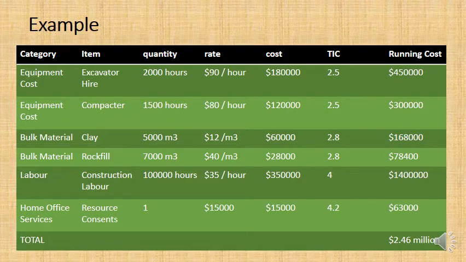And yeah, I will say that you do need to have some idea on the definition of scope. You do need to have some level of conceptual design completed, so that you know roughly the size of the project, the amount of clay you'll need, the amount of rock fill, and so forth.